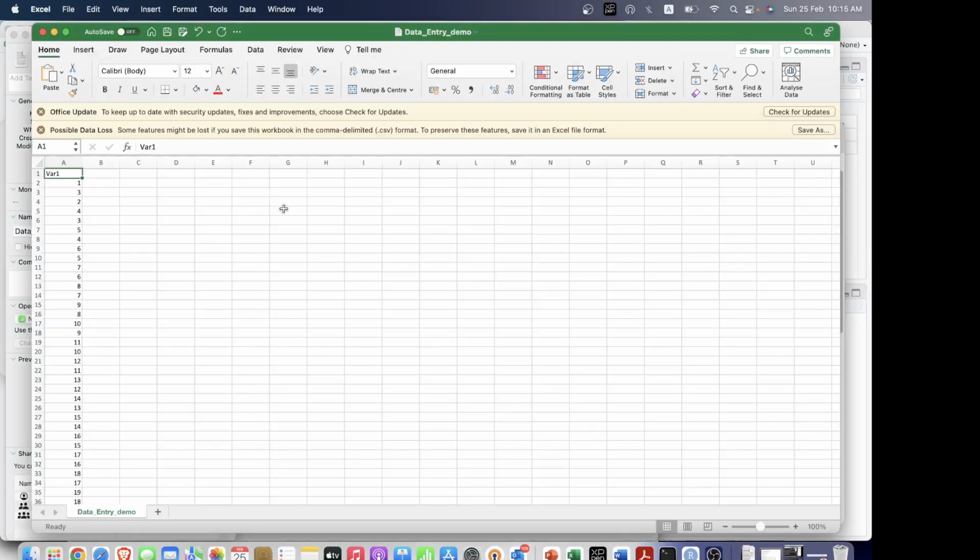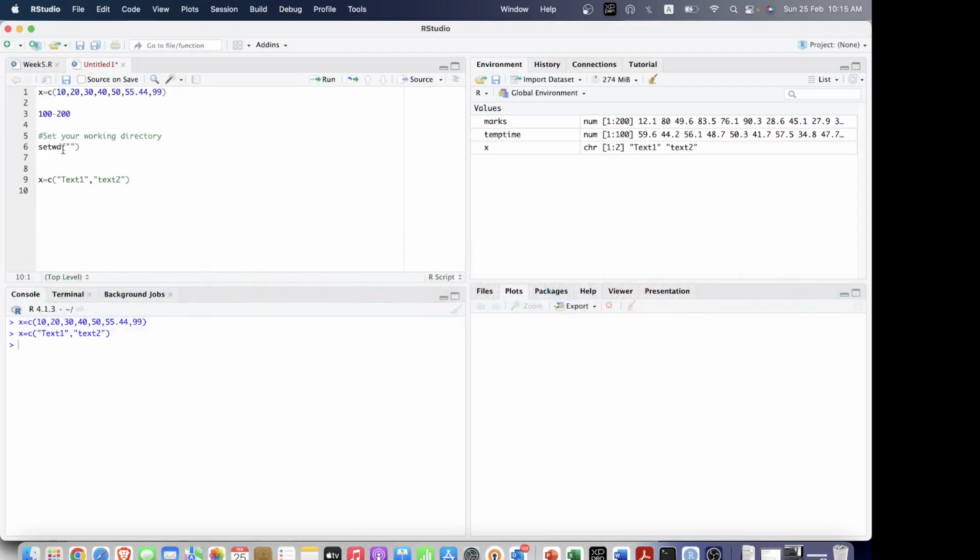So I'll just go and set my working directory to this path. All right, once I set that, next I am just going to load x equal to read.csv, and I am going to enter data entry demo.csv.